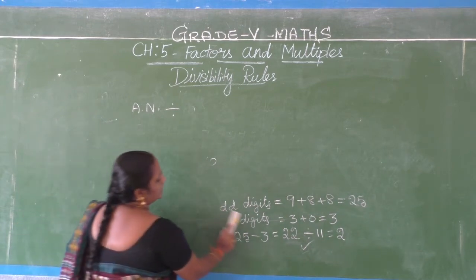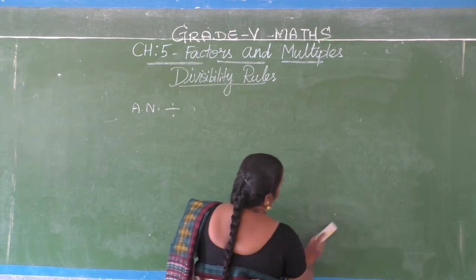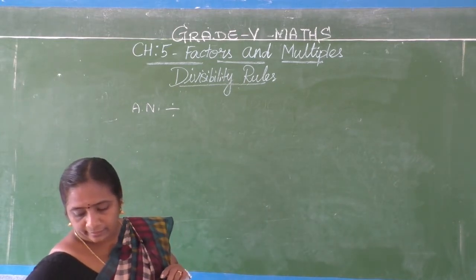Right. Then the next rule is to check whether any number is divisible by 7 or not. What is the rule for any number divisible by 7?